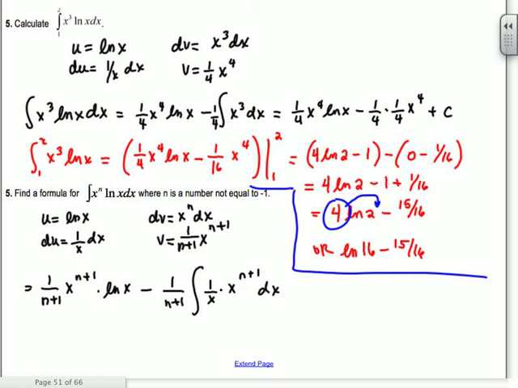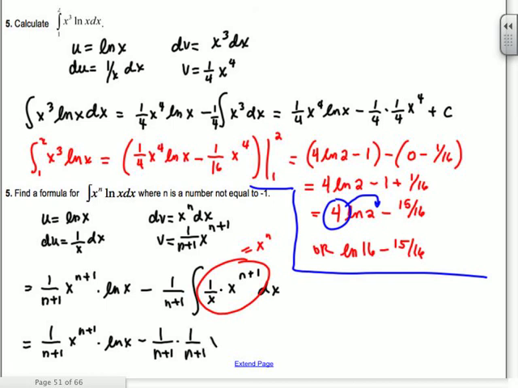So what does that become? X to the n. This is all x to the n. So when you integrate, you have 1 over n plus 1 x to the n plus 1 times natural log of x minus 1 over n plus 1 times, if I'm integrating x to the n, it's 1 over n plus 1 x to the n plus 1 plus c.